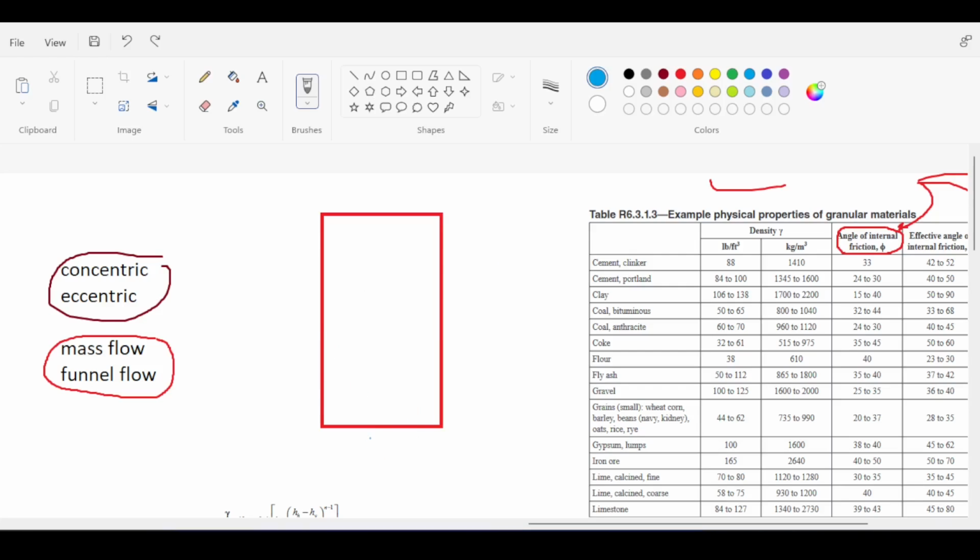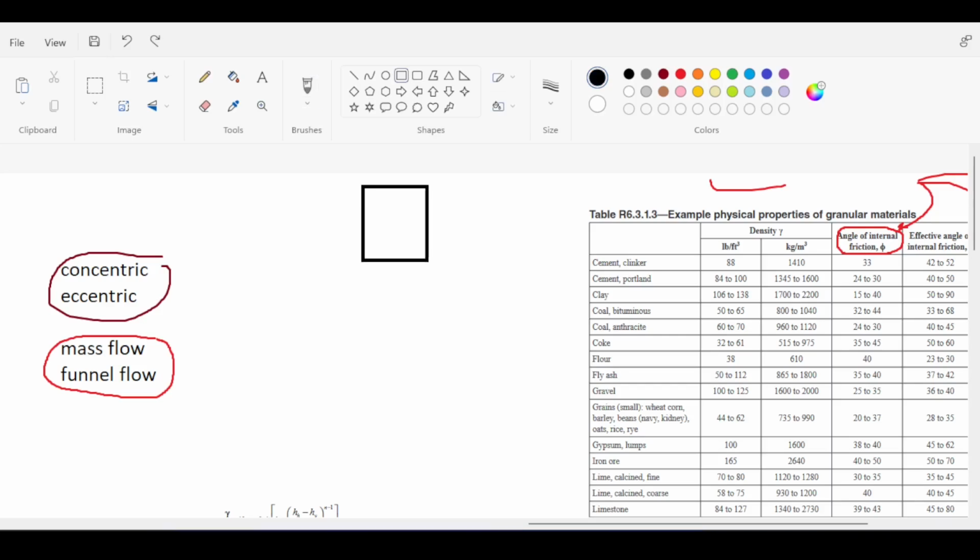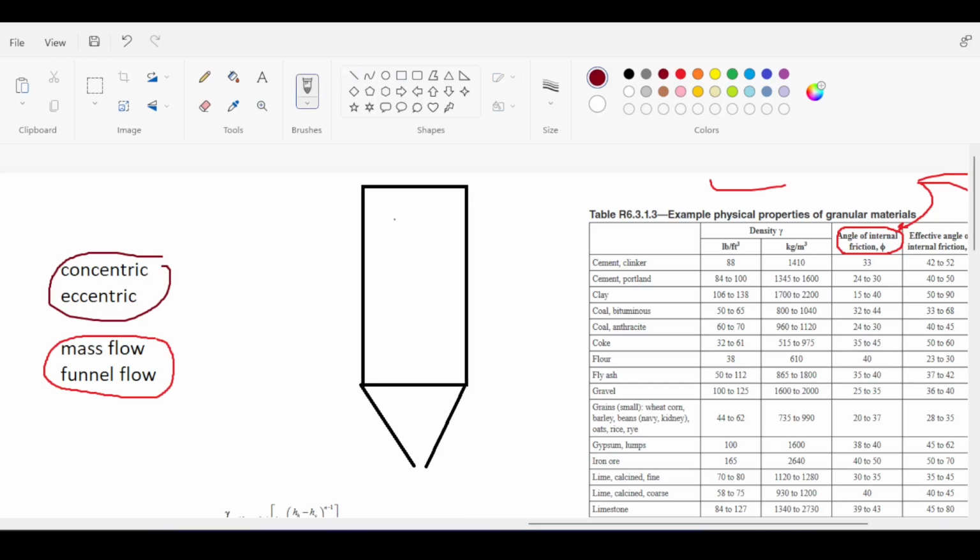So let me try to explain to you in a nutshell what those loads are, but there are more equations actually, so it's not that easy to be just summarized into one sentence. But let me just in a nutshell try to explain to you the two types of loads you have and the reason why you have them. Well, the first thing is when you load your silo, it's loaded now with an angle of repose, and then you empty your silo, so you open this opening.